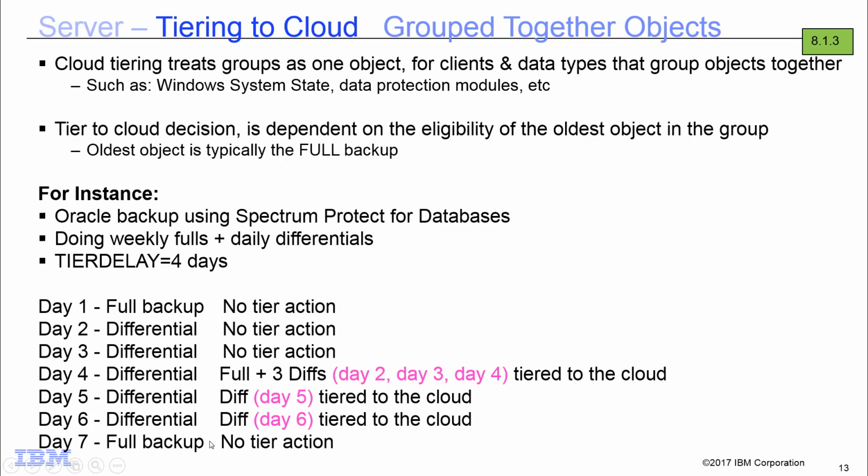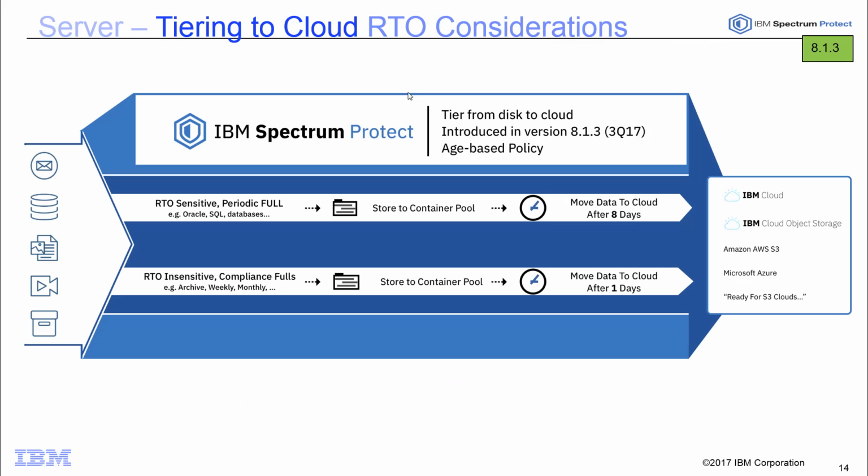If you are looking at this type of grouped-together objects, once again, this is going to be things like database backups, mail backups, or system states. This does not include things like your Spectrum Protect incremental forever backups. You want to take this grouping into consideration when you set up your schedules.